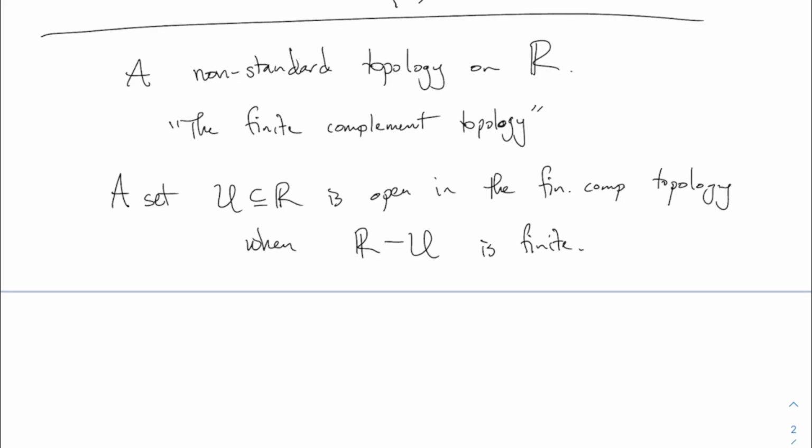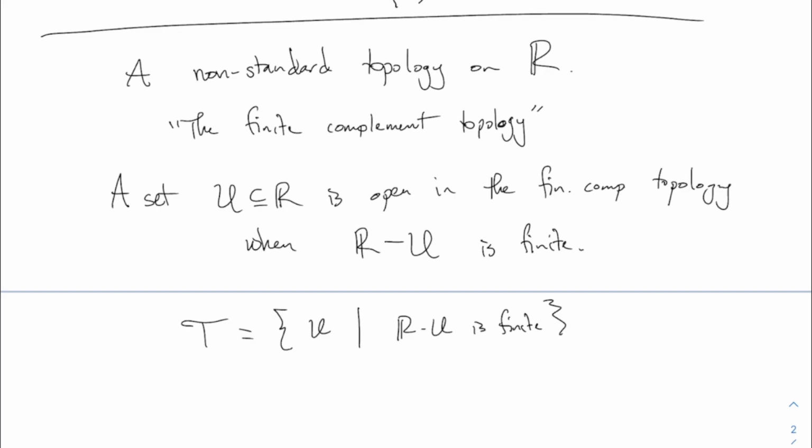I'm using the word open here, but another way to write this is you could just say T is defined to be the set of all U such that R minus U is finite. This is the definition of the finite complement topology. It is the set of all subsets U such that R minus U is finite.